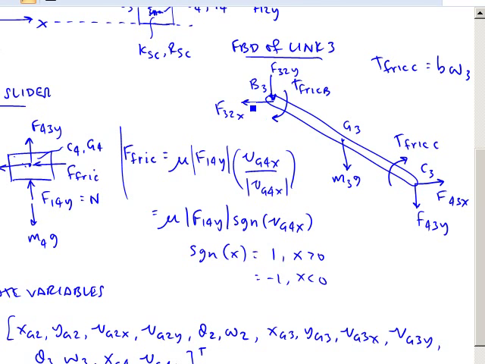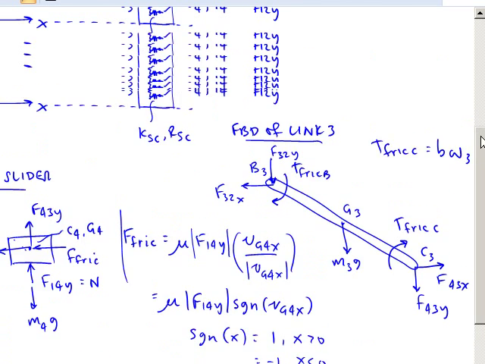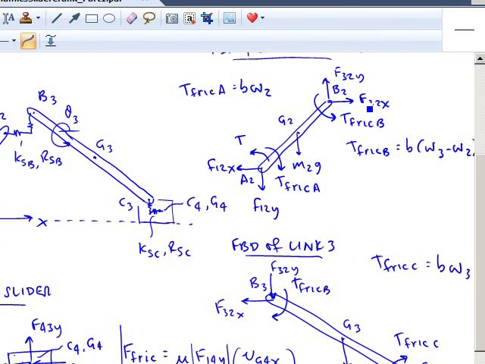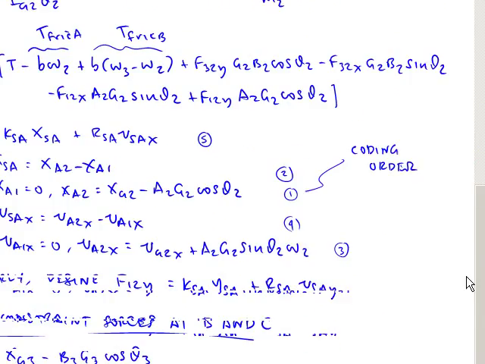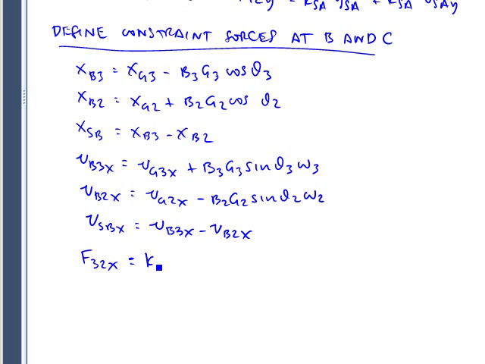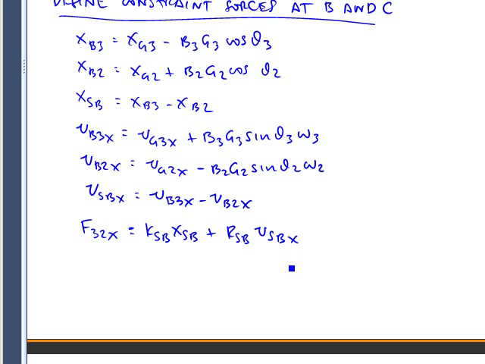So the force of 3 on 2, to the left on link 3, to the right on link 2, that's going to be KSB XSB plus the damping term, which is RSB VSBX.